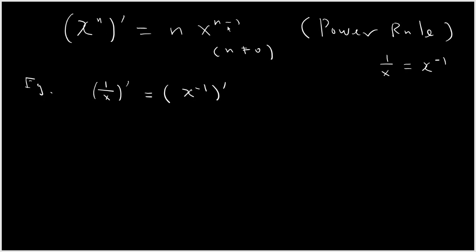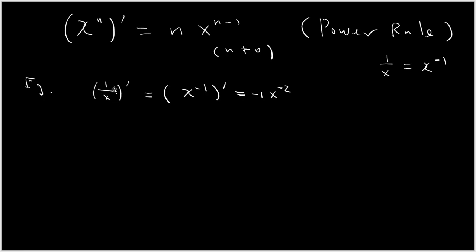Looking at the formula, the derivative of x to the power of n is equal to n times x to the power of n minus 1. In this case n is -1, so the exponent n minus 1 is -1 minus 1, which is -2. Is that right?